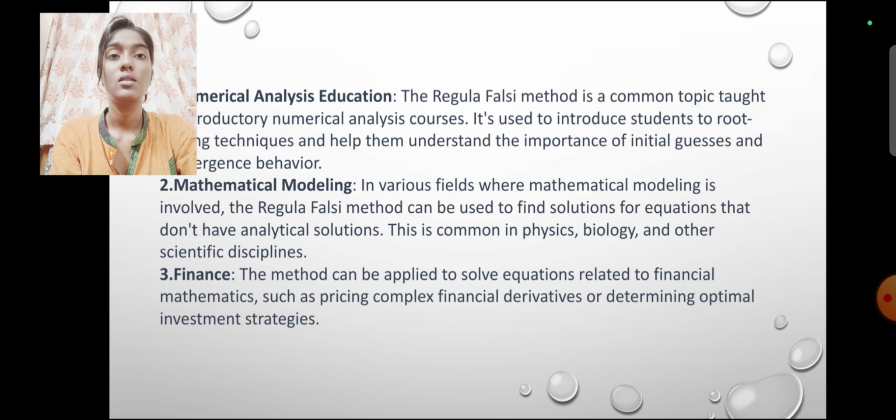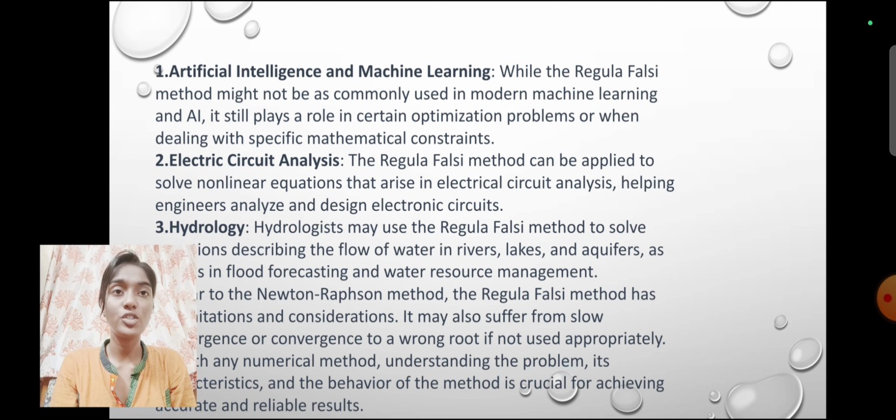strategies. First one is artificial intelligence and machine learning. While the regula falsi method might not be as commonly used in modern machine learning and AI, it still plays a role in certain optimization problems or when dealing with specific mathematical constraints. Second one is electric circuit analysis. The regula falsi method can be applied to solve nonlinear equations that arise in electrical circuit analysis, helping engineers analyze and design electronic circuits.